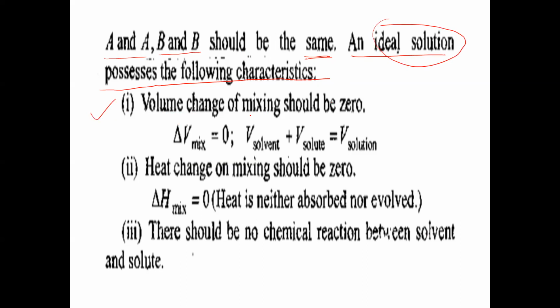Volume change of mixing should be zero means, suppose you take 10 ml liquid A plus 10 ml liquid B. Now the solution formed is exactly 20 ml. A 20 ml ideal solution is formed here.